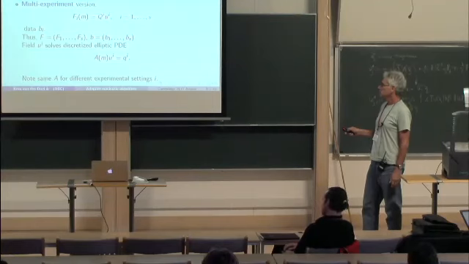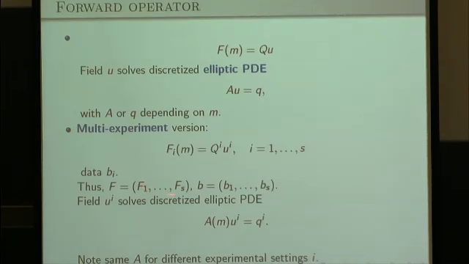That gives us the forward operator Fi, and the operator F is a combination of those. If you have s experiments, F is going to be F1, F2, all the way to Fs, and correspondingly the data will be B1, B2, all the way to Bs. The point is that A of m does not depend on the experiment.